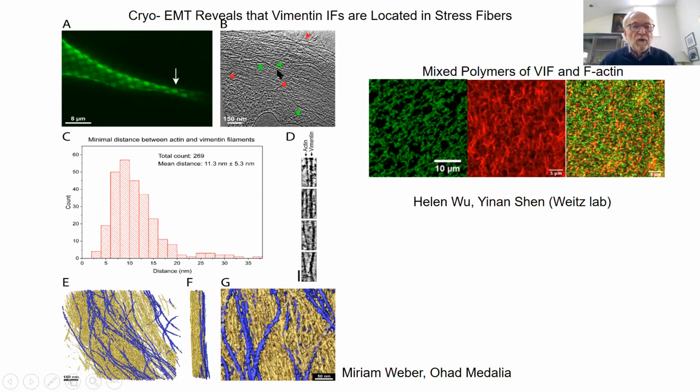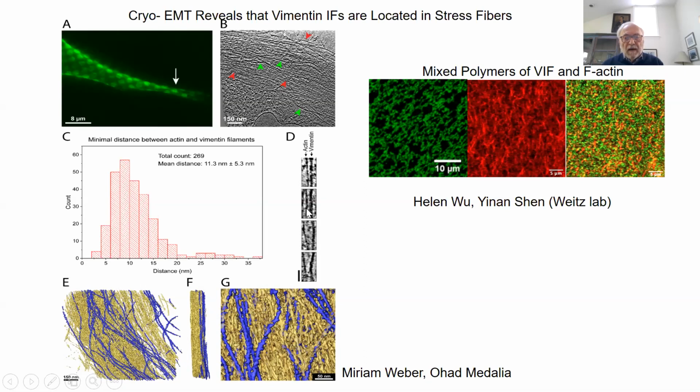The green arrows show you Vimentin at the surface, but also you can show that the Vimentin, which here is seen in purple, and the actin in yellow. You can see that the Vimentin interdigitates and wraps around the outside of stress fibers, frequently even lying closer to the cell surface than the actin comprising the stress fibers.